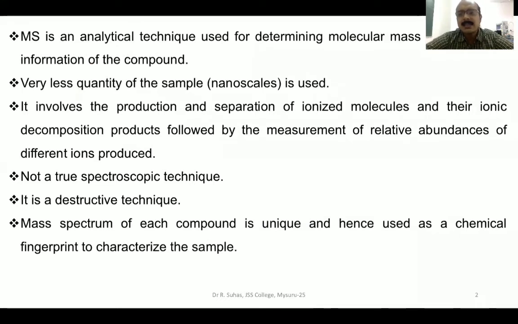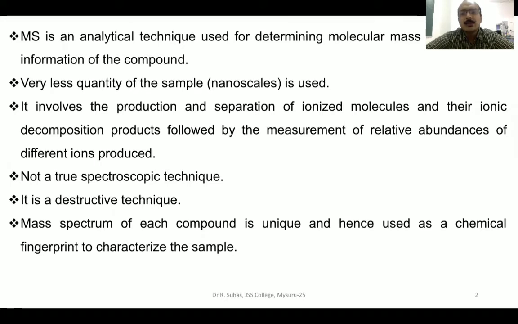As the name itself indicates, this technique is highly useful to determine the molecular mass of the compound. Not only molecular mass, based on the fragmentation mode that you will see in the next modules, you can arrive at the probable structure of the organic compounds.